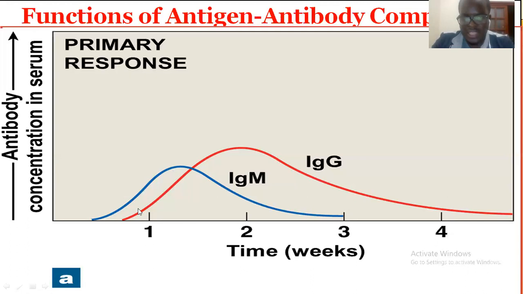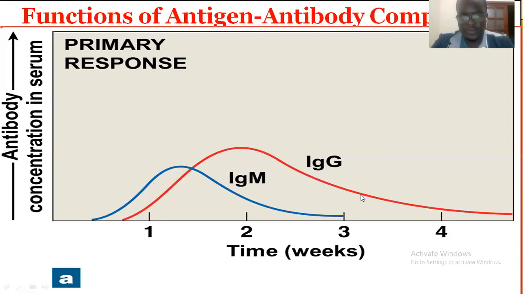As the IgG production is increasing, the IgM will be reducing. So in the primary response to infections, the concentration of IgM will spike first, then it will be taken over by the function of IgG, because IgG is the one that is specific for viruses and bacteria.